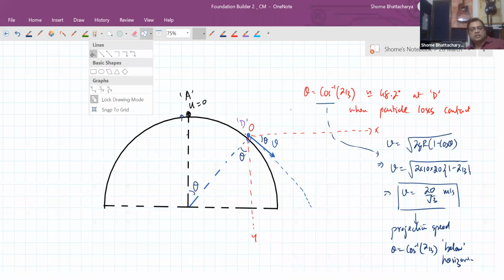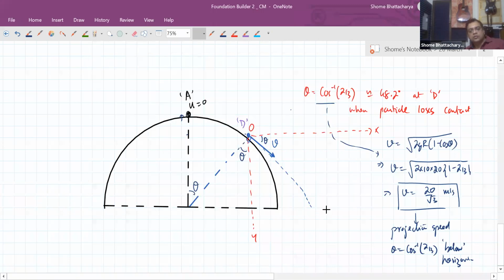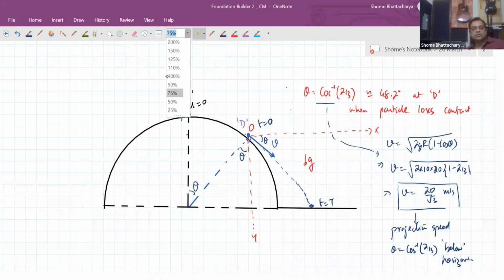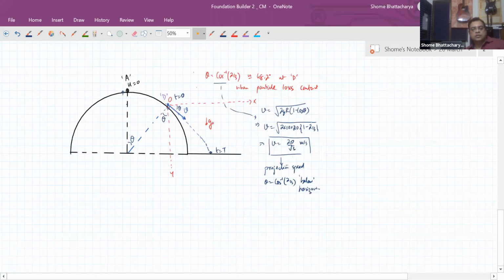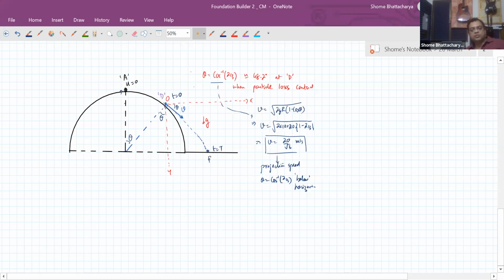So wherever it is hitting the ground, if we take the time when it started from here as t equal to 0, then it hits the ground at some time t equal to capital T, let's say. So during this time, what is happening? Its acceleration is g downwards and horizontal acceleration is 0.